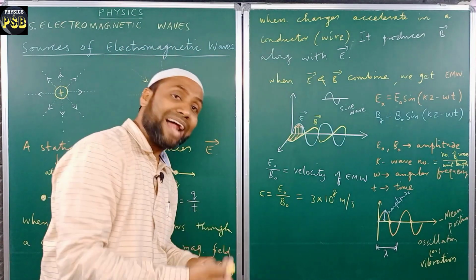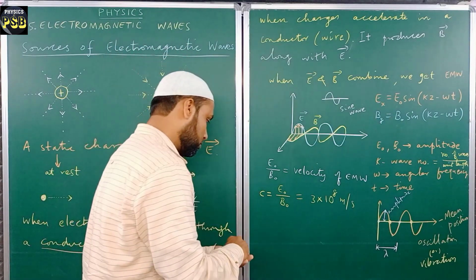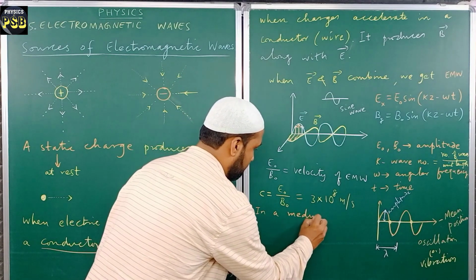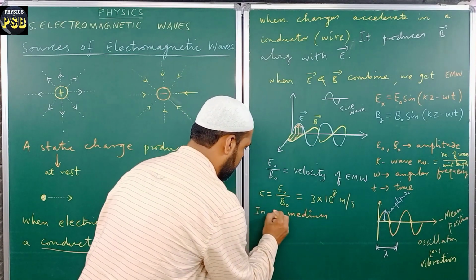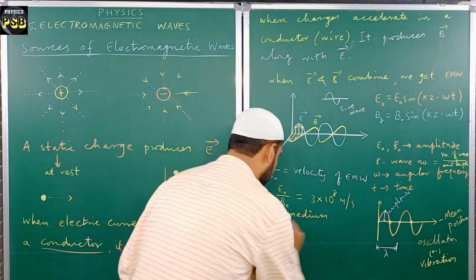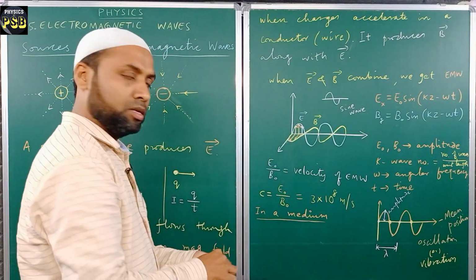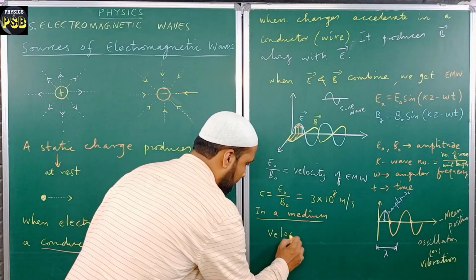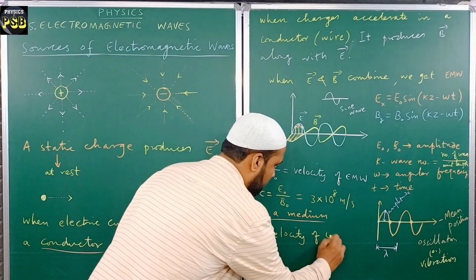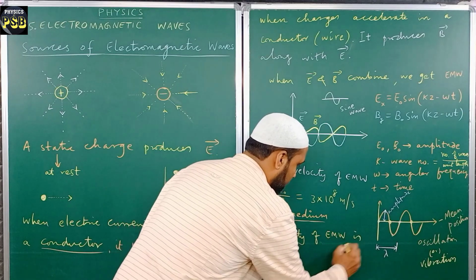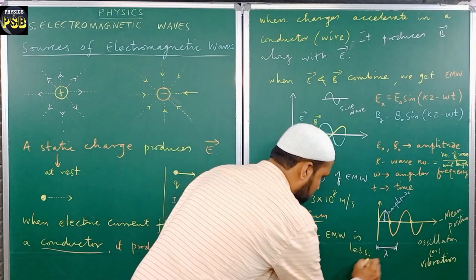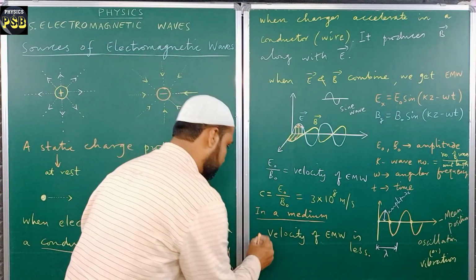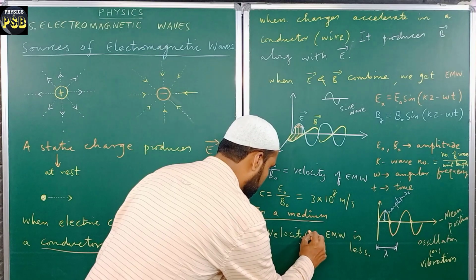But when it starts traveling in a medium, the velocity of the electromagnetic wave is less, and I represent it by the letter v.